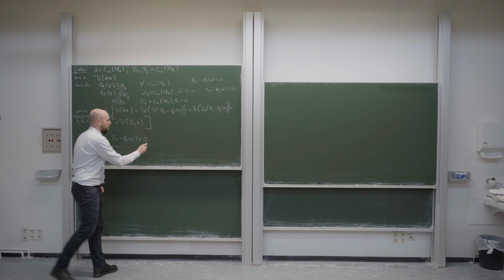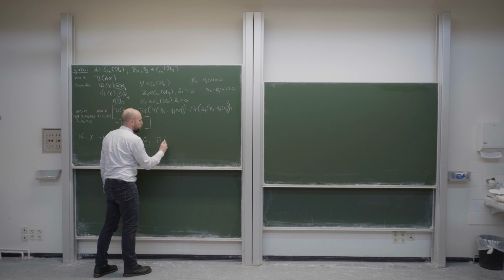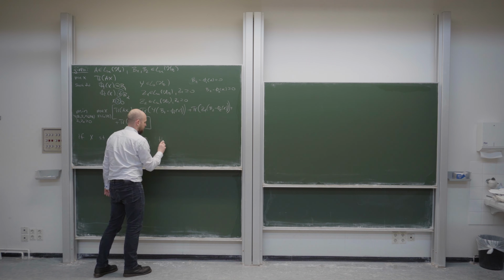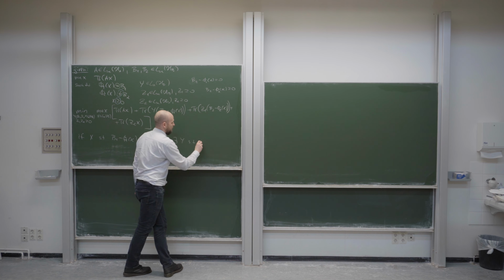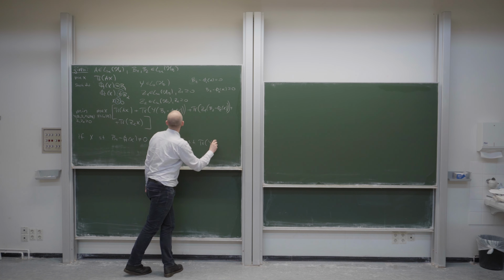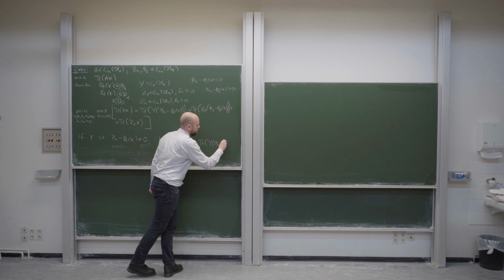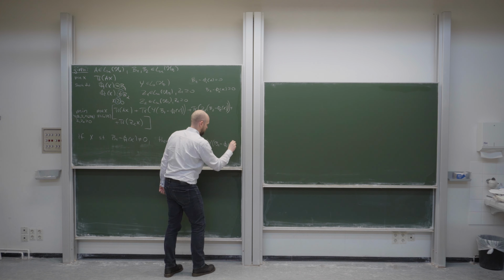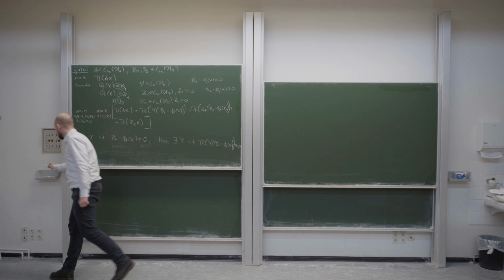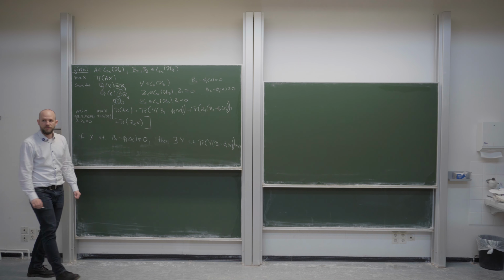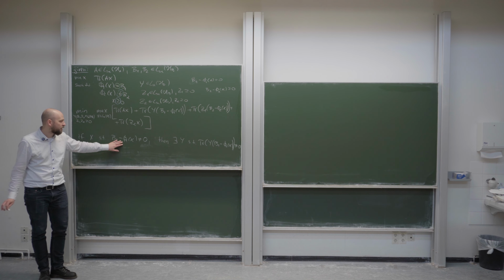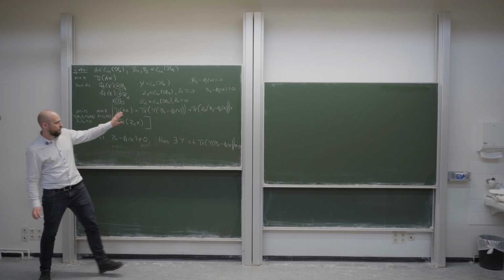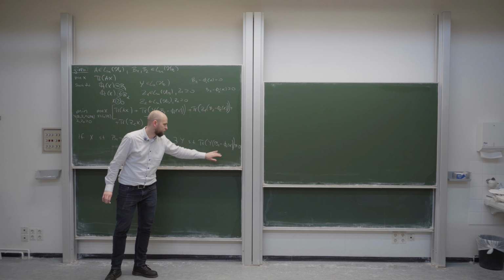But in general, then there exists y such that trace of y times this is non-zero. If this is non-zero, it has at least one non-zero eigenvalue. Take the projector onto that, and this will become non-zero.